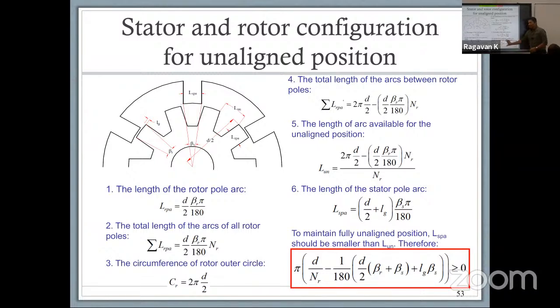This is the equation that specifically tells you how you can maintain a fully unaligned position, and you define this L un. If your number is not less than L unaligned, you will not get a clear unaligned position for the motor.